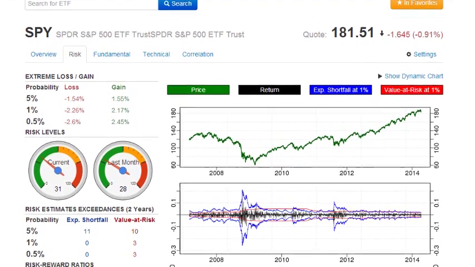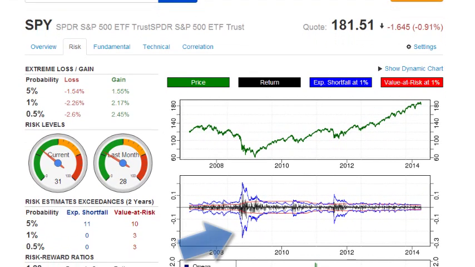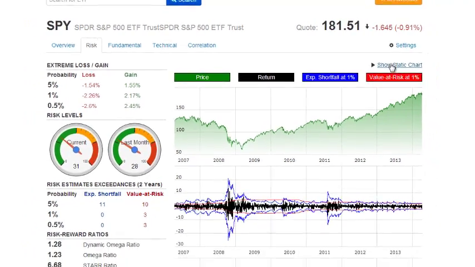The static return chart readily shows a blue line that is much more dynamic than the red. To further illustrate how the differences relate to exceedances, let's switch our chart to dynamic and concentrate on the 2008 financial crisis.